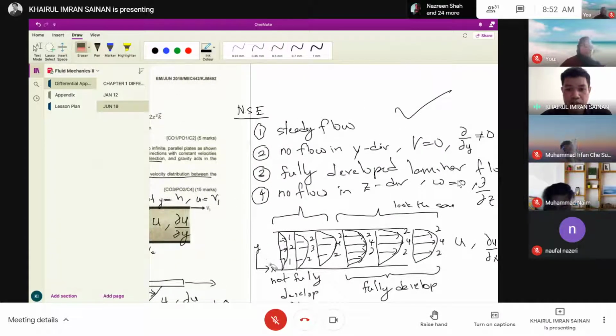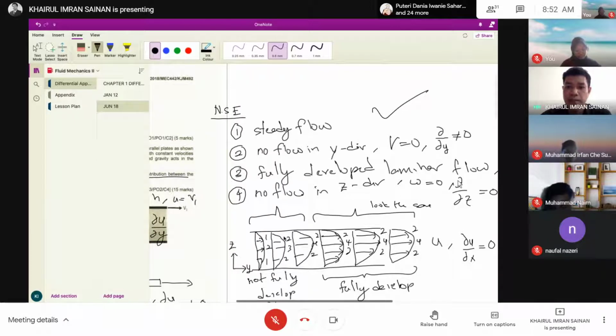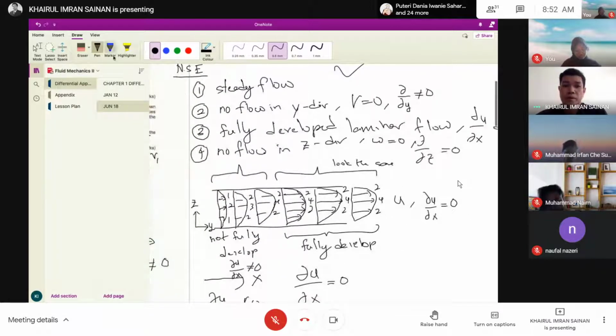if I change this one, now this is actually Y. And then this one's perhaps Z. Alright, tell me, what is going to be the component velocity now? D over dy. Component velocity is what?